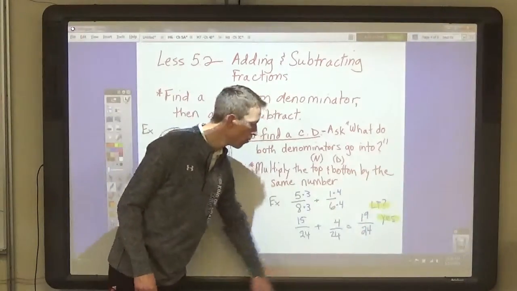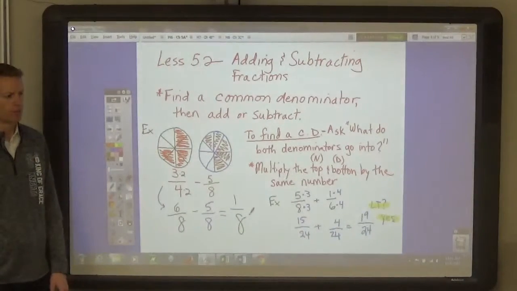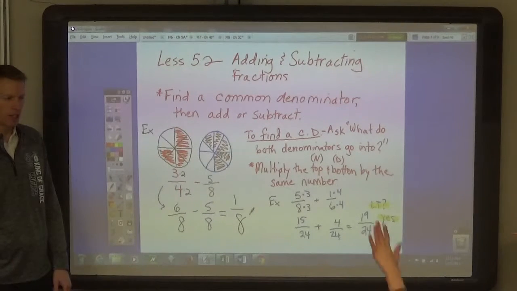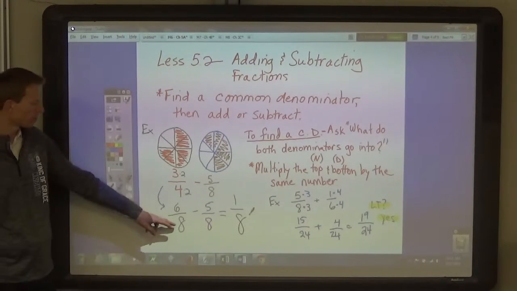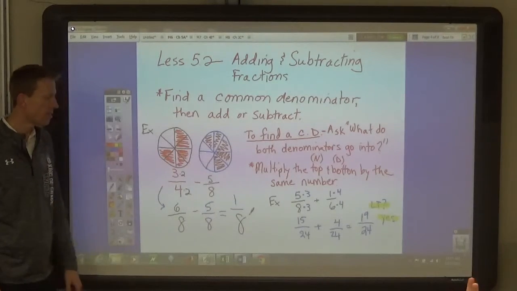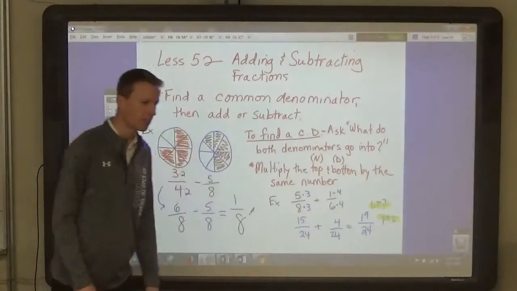19/24. Why don't we add the denominators, Daria? Because the denominators how many pieces there are. No, the numerator is how many pieces there are. Look, there's 15 pieces plus 4 pieces.